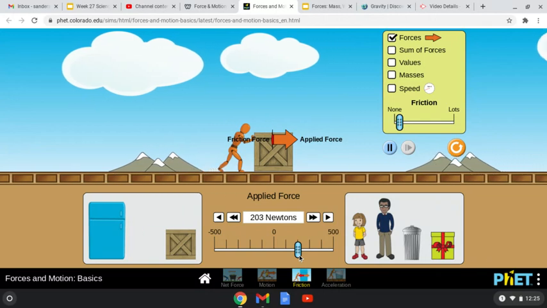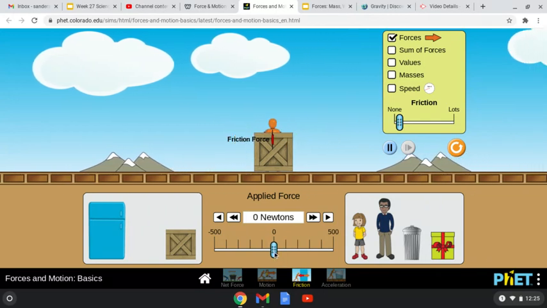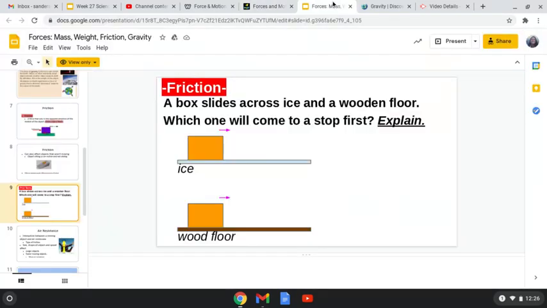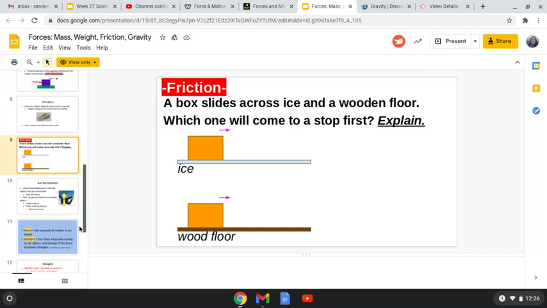That box is going to easily slide rather than if the friction was way up here. And we can watch that again. It's very difficult for him to push it because that applied force is balancing out the friction force, so it's not going to move. So that's what friction is.